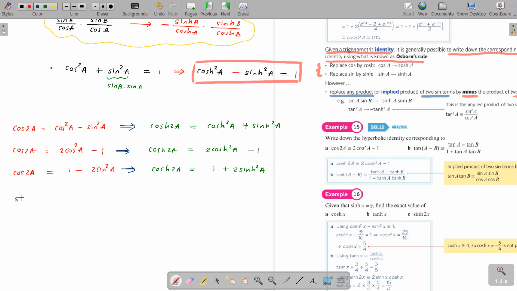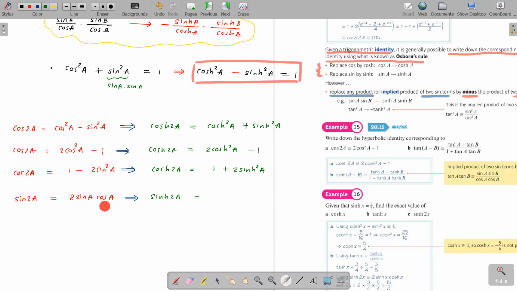Then we'll also write the double angle of sine 2A. You recall this, right? Sine 2A was 2 sine A cos A, right, guys? Over here, let's convert it to the corresponding hyperbolic, because we will be using this frequently in the next few chapters. So sinh 2A: do we have any issues?